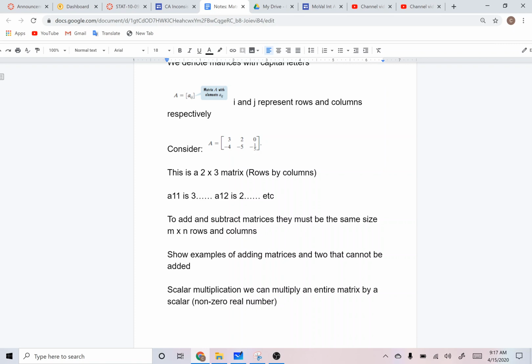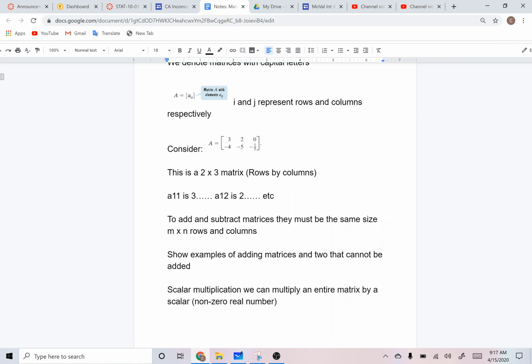Consider the matrix A, which is equal to the entries 3, 2, 0, and then -4, -5, -1/5. Now, if I asked you what A11 was in that matrix, you would say it's 3, because it's row 1, column 1. If I asked you what A31 is, you'd say there's nothing, because there's no such thing.